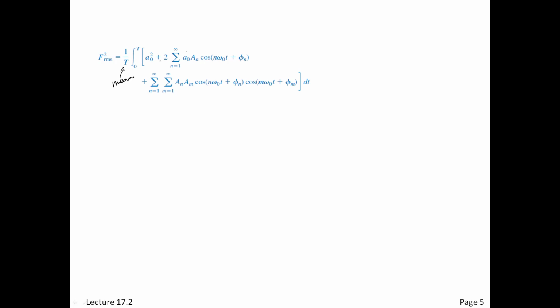So what's really going on here, you can kind of recognize it, we've got something a0 plus the sum of an cosine n omega 0 t plus phi sub n.